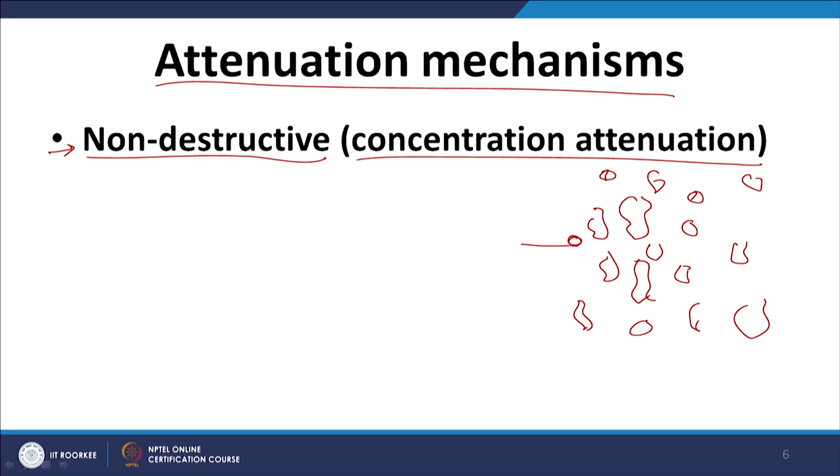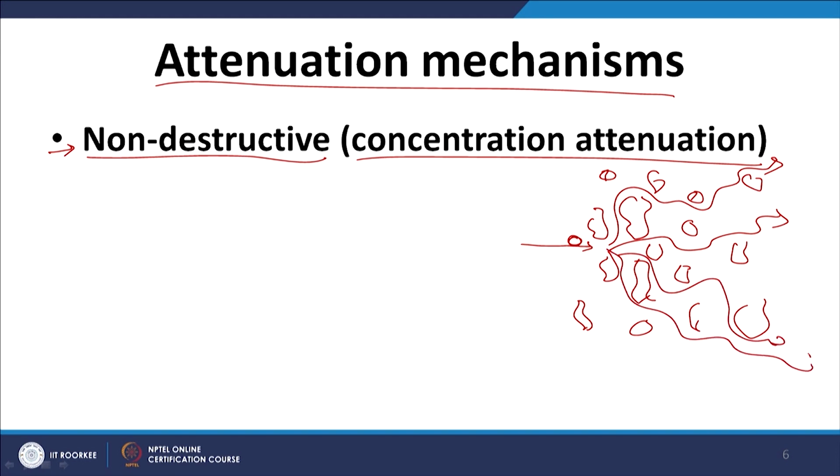As groundwater takes this contaminant through, there are different paths that this contaminant can take, right. So the same contaminant starting at the same location, because of the tortuosity of this particular system, can be dispersed, right.